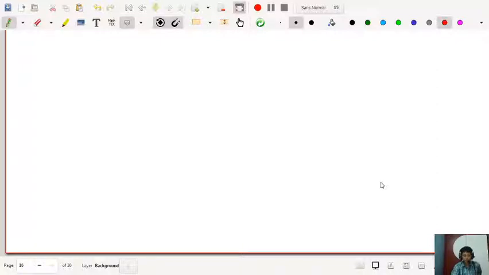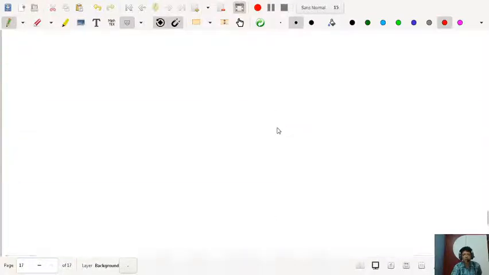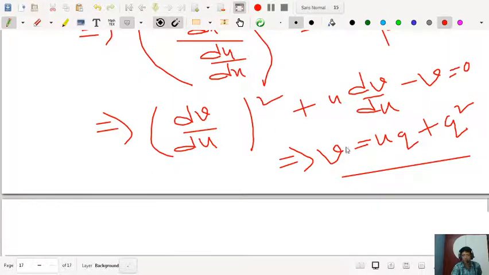So v is equal to uq plus q square, that was the form actually that I was talking about.